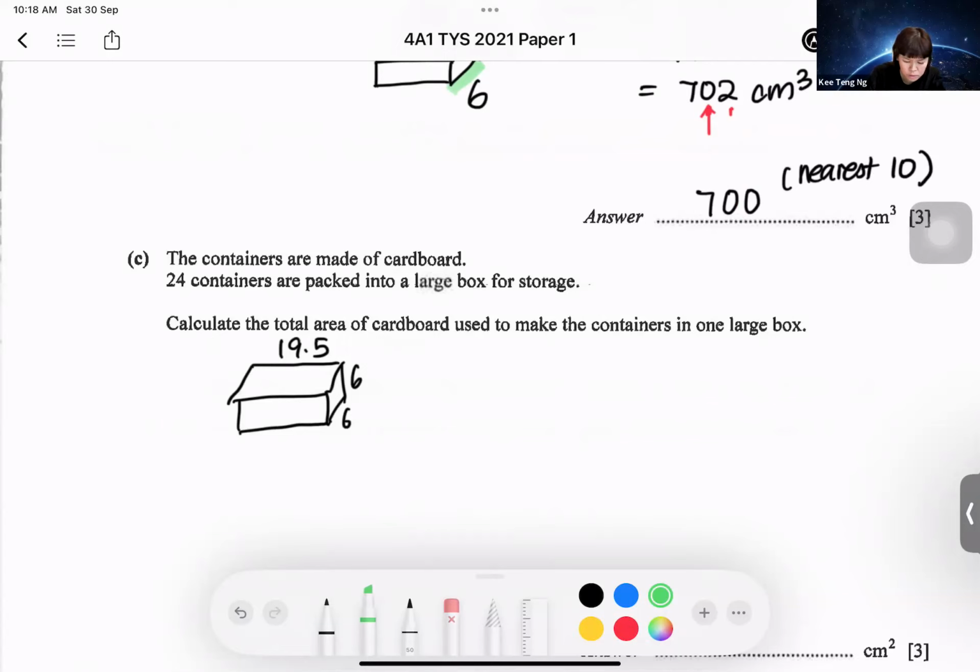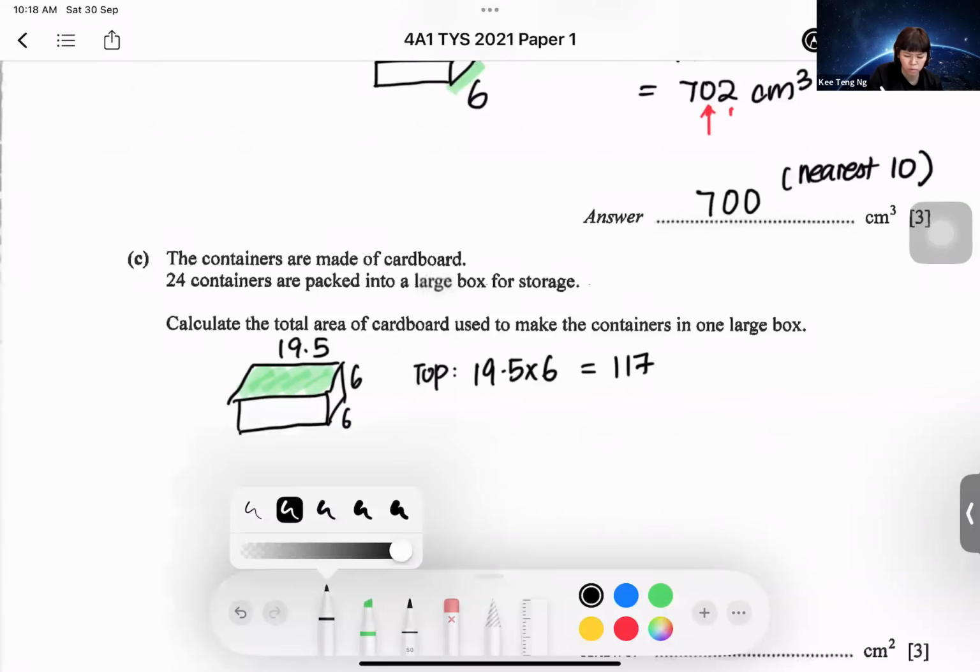So for the total surface area, firstly, this rectangle, which is the surface on top, is 19.5 times 6. That will give me 117, the top surface. Now we know that the top and the bottom will also be the same area, so my top and bottom will have this times 2, right?